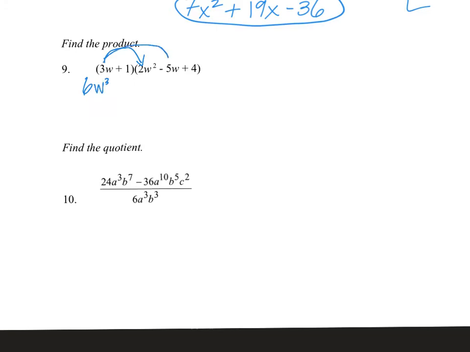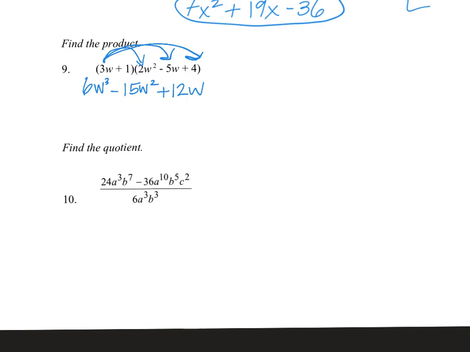And then 3w times negative 5w is going to give us negative 15w squared. And then 3w times 4 is going to give us positive 12w.